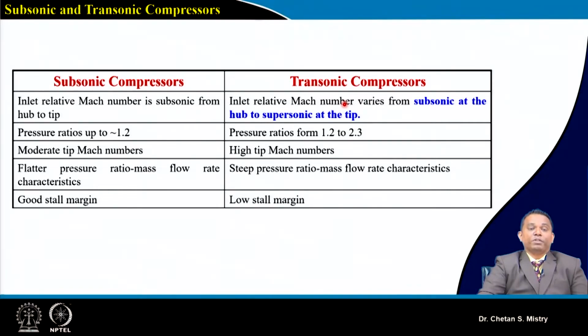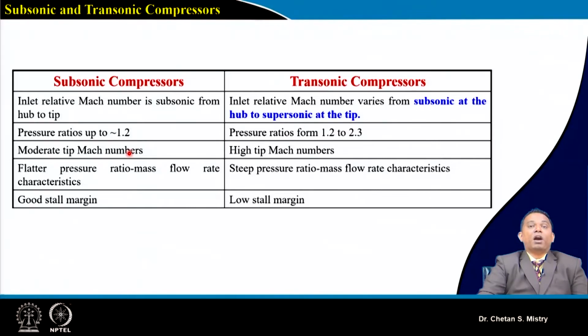The per stage pressure rise expected from a subsonic compressor is in the range of 1.2. As we have discussed, the expected pressure ratio for the transonic compressor is more than 1.2, up to 2.3. So this is a large range.